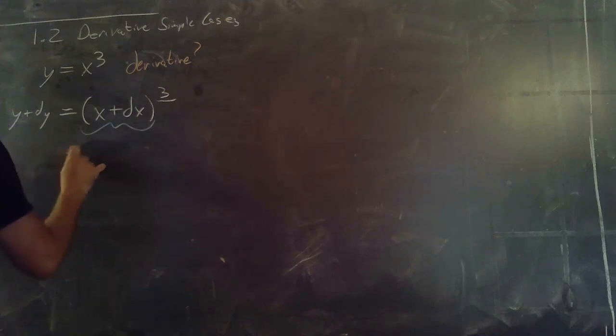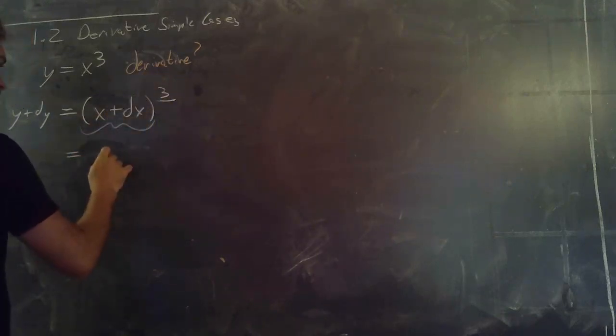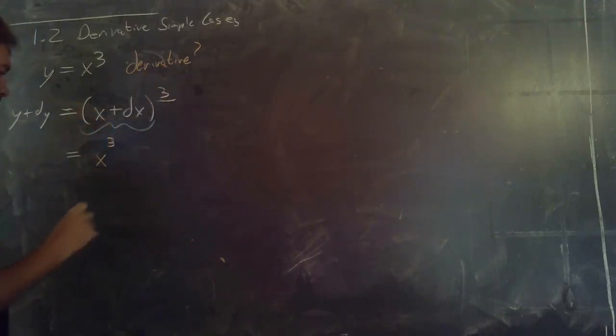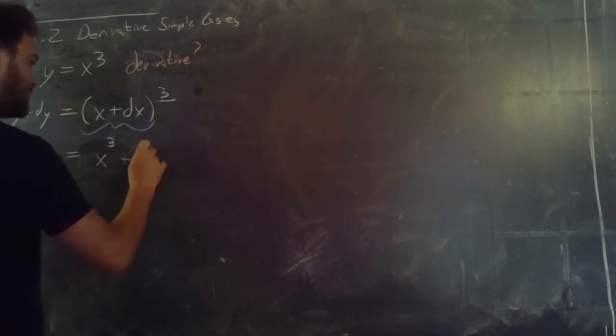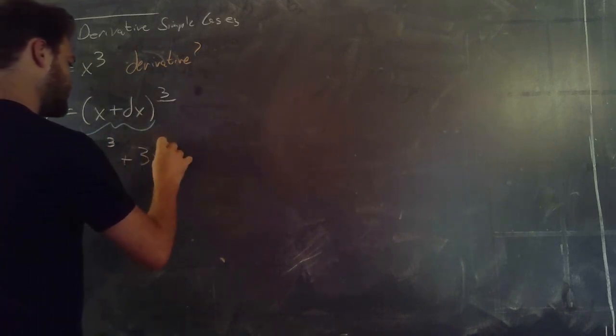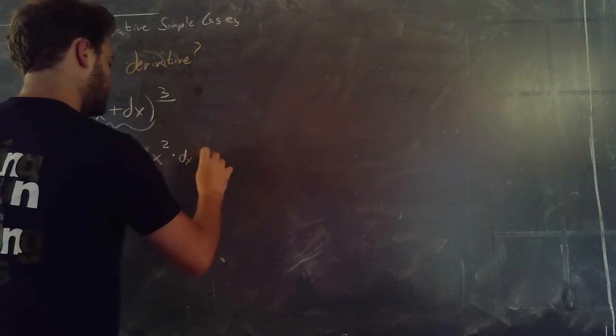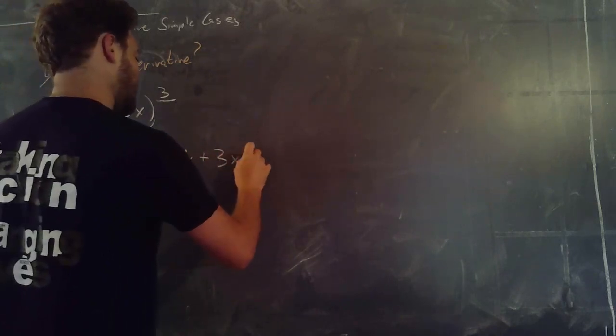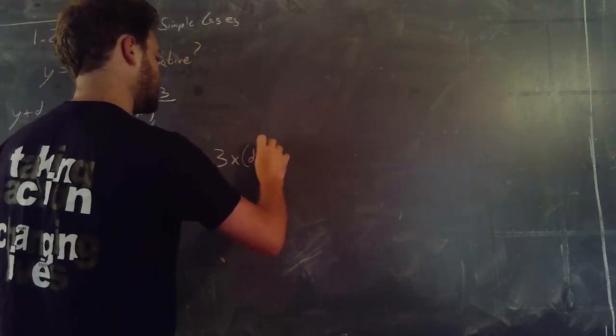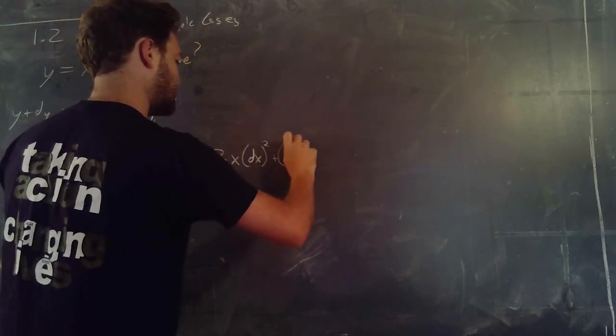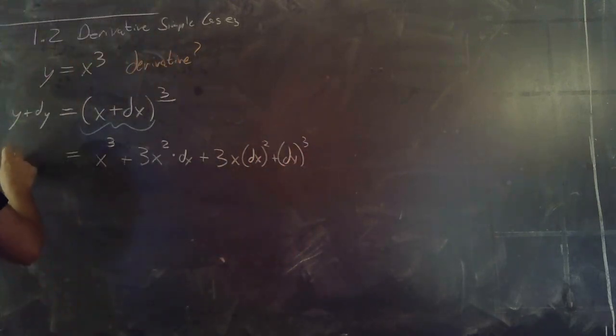But we just expand this binomial to the third power. That's going to give us x to the third power plus 3x to the second power times dx plus 3x times dx squared plus dx to the third power, equal to y plus dy on the left.